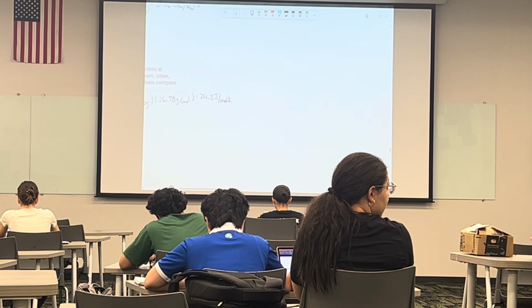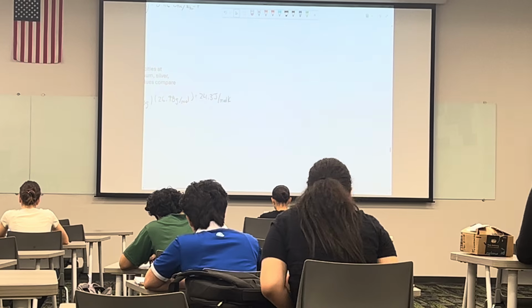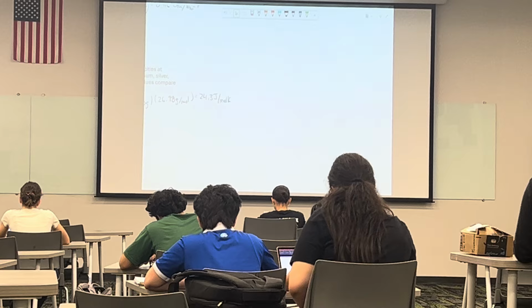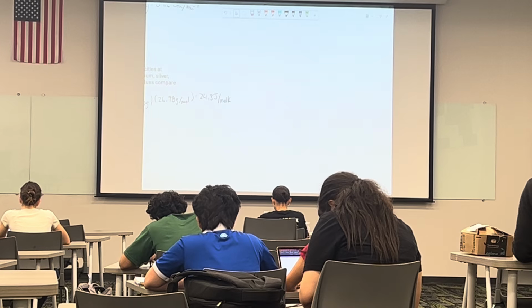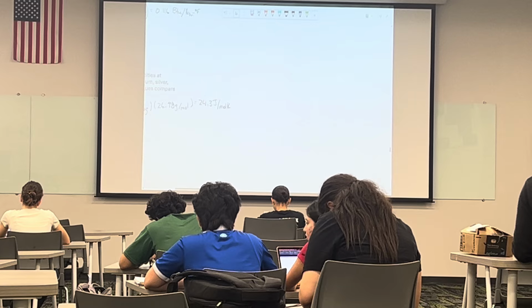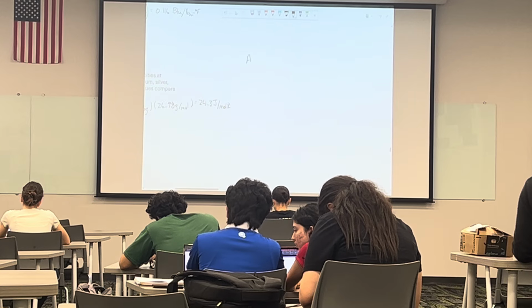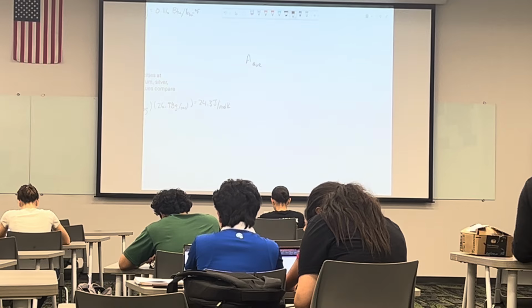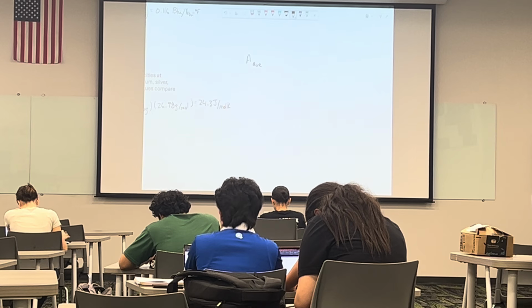So now for the brass, which I'll do over here, first, because we have an alloy, we need to compute the atomic weight of the alloy. To compute that, we use this equation, which I write as A subscript AB, the average atomic weight of both of them.